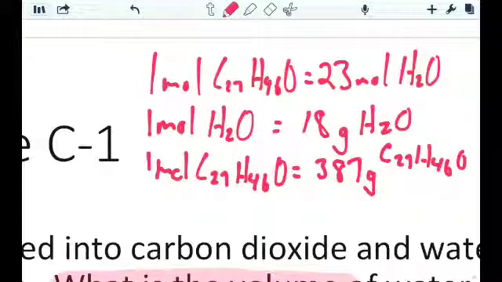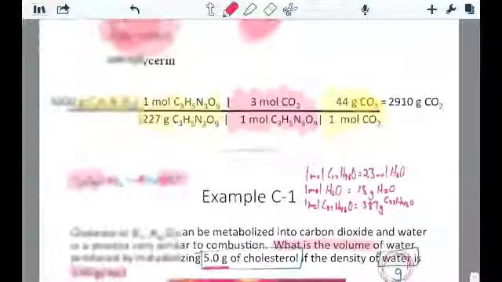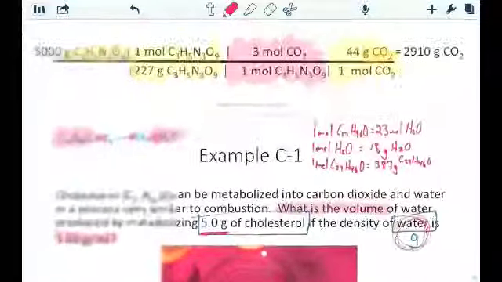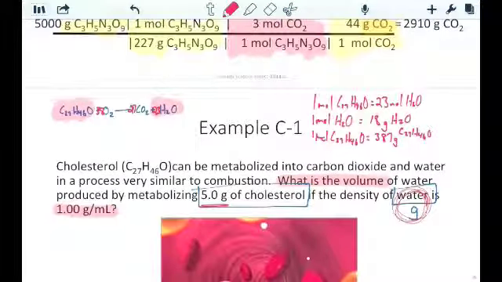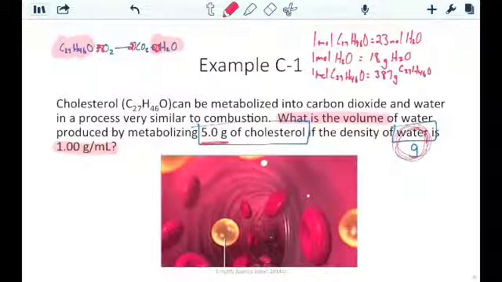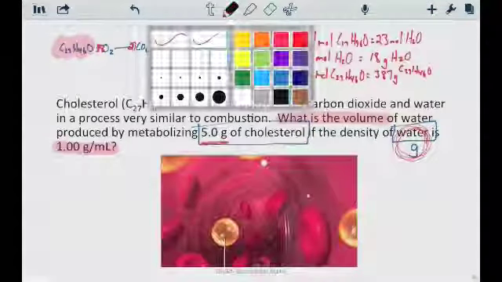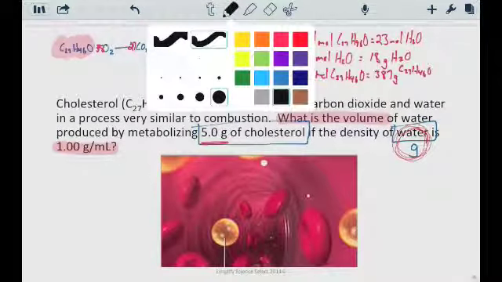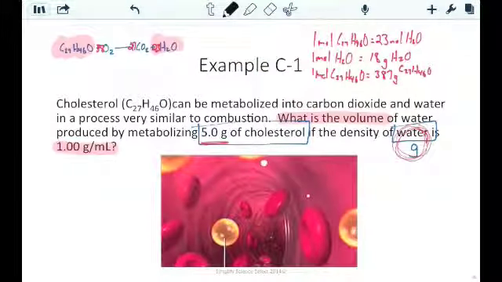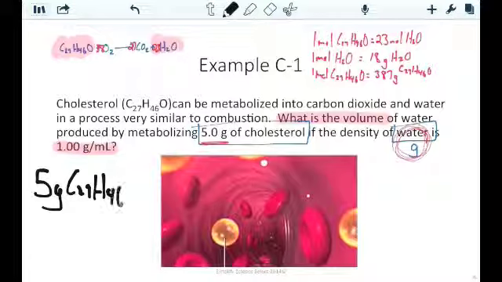Now that we have our conversion factors set up, we just go ahead and work out the problem. We're starting with our 5 grams of cholesterol, C27H46O. Set it up.